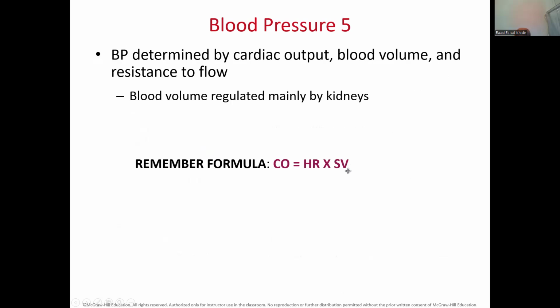And then we said the calcium channel blockers and beta blockers, what do they do? Do they affect the stroke volume or the heart rate? They affect the heart rate and they reduce it. So that's how we end up with a lower cardiac output.